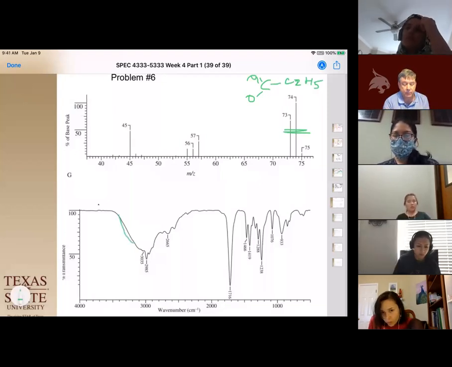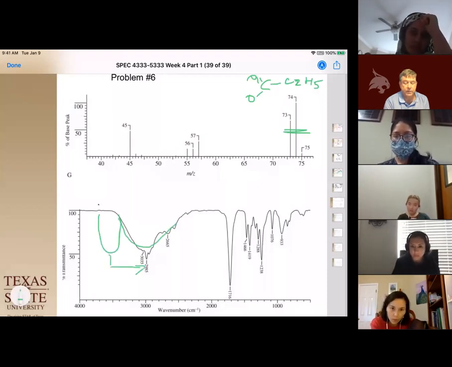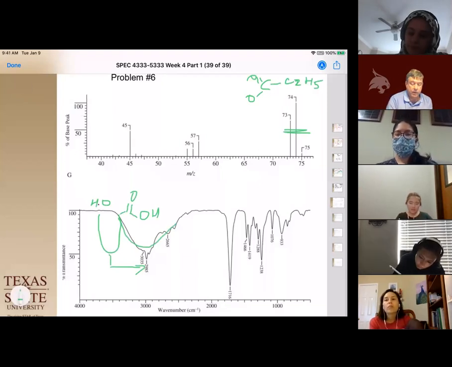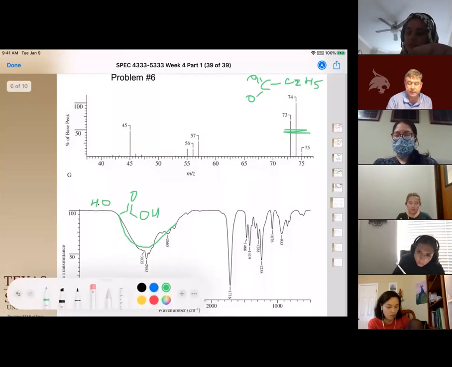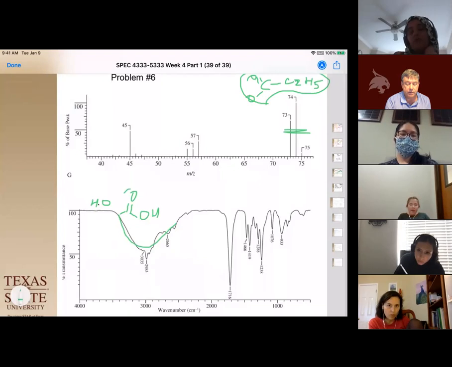Notice that we have a big, broad peak, but it's shifted down from 3,300 wave numbers to 3,000 wave numbers. This would be an alcohol, and this is a hydrogen bonding carboxylic acid. So we're definitely supporting a carboxylic acid theory in our first fragment and our IR.